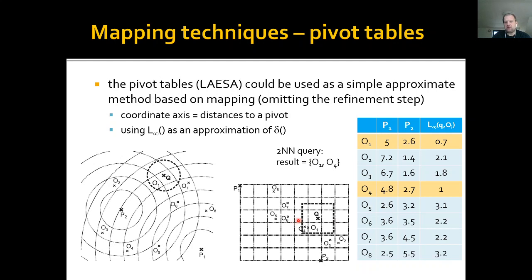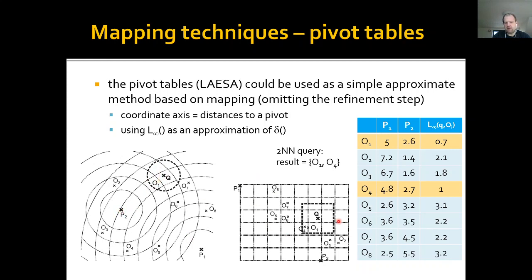Why do we do that? Because the filtering phase is the most expensive phase that happens in the exact search. And if we only realize the first step, the mapping, we basically get a very cheap query, because what we need to do is map this Q, the query object, using the 2 pivots. That's 2 computations of distance, P2Q and P1Q.